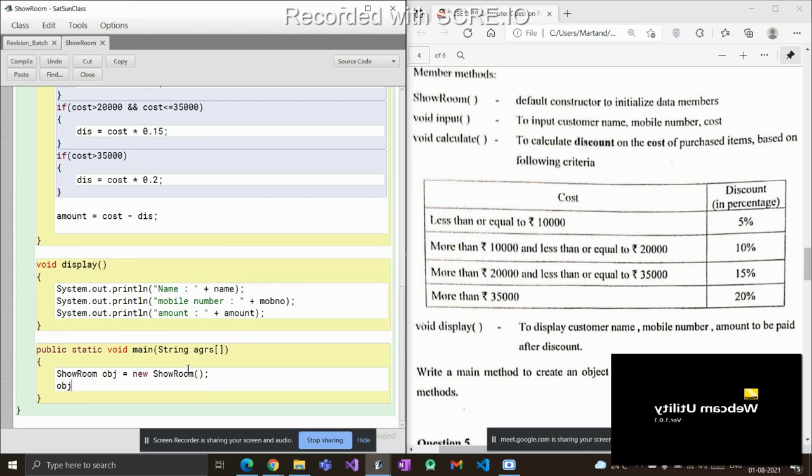And then using this obj, I'll call my input function first. Then I will call my obj dot calculate function, and then I will call my obj dot display function.